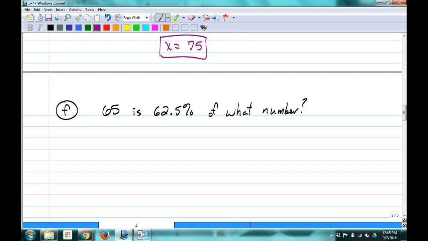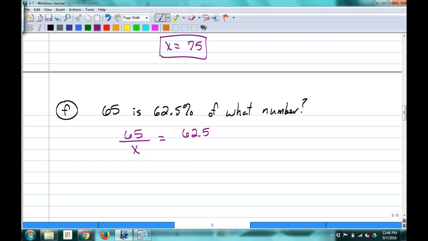So what part is the is? 65 is the is. What part's the of? X. We don't know. It says of what number, so I don't know what that number is. Now the 62.5 is a percent, so it has to go over 100. That percent should always go over 100, no matter what.